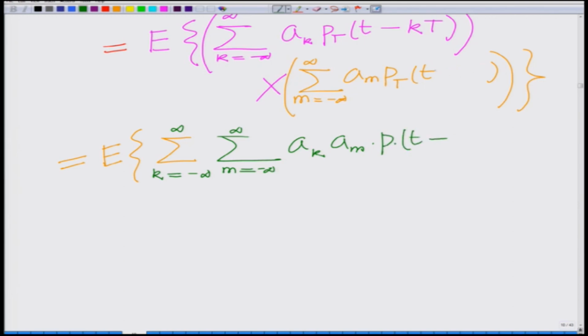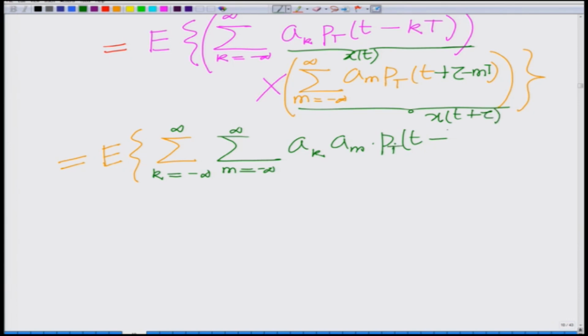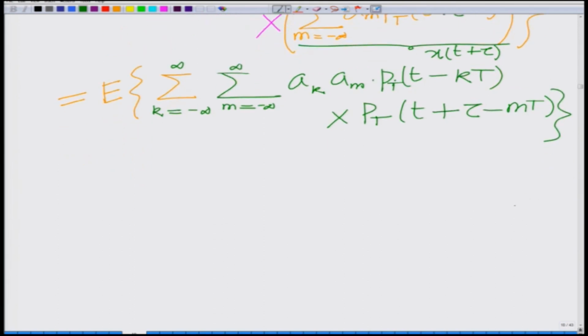So, this has to be t plus tau minus mT. So, this is your x(t), this whole thing, and this is your x(t plus tau). So, p(t minus kT) into p(t plus tau minus mT). Okay.